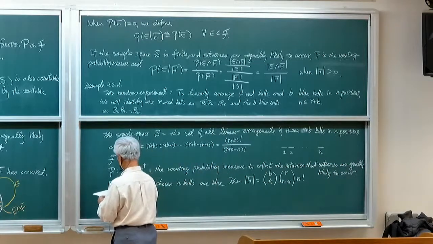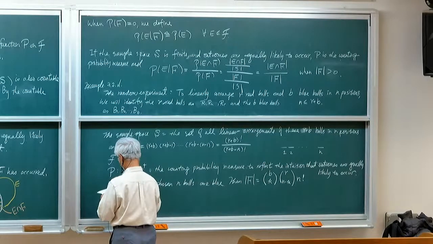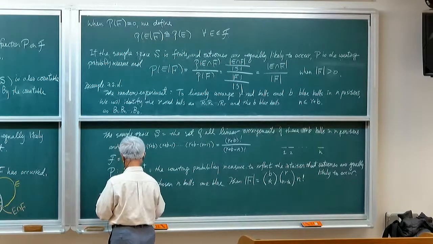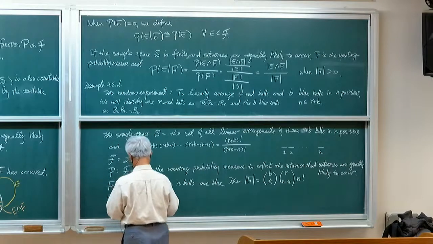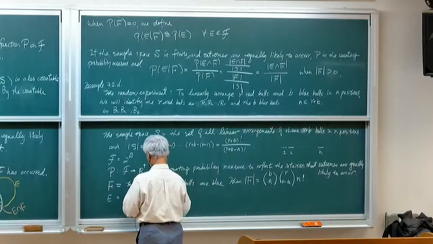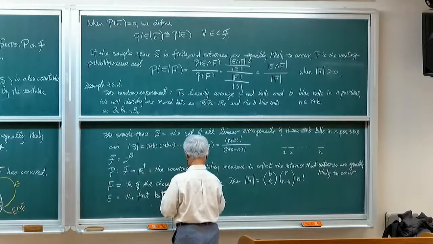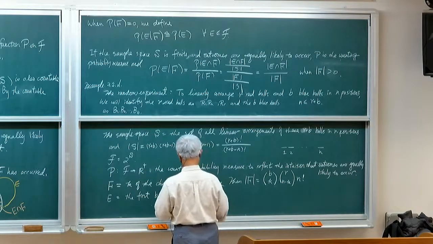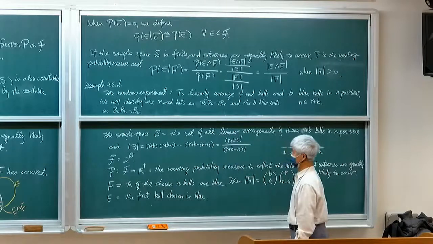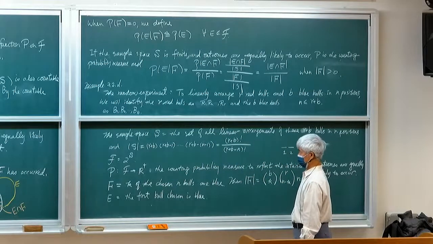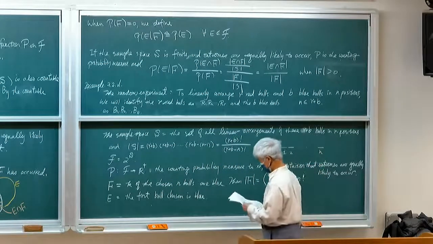All right. The other event E: the first ball chosen is blue. Okay? So the first ball chosen is blue.